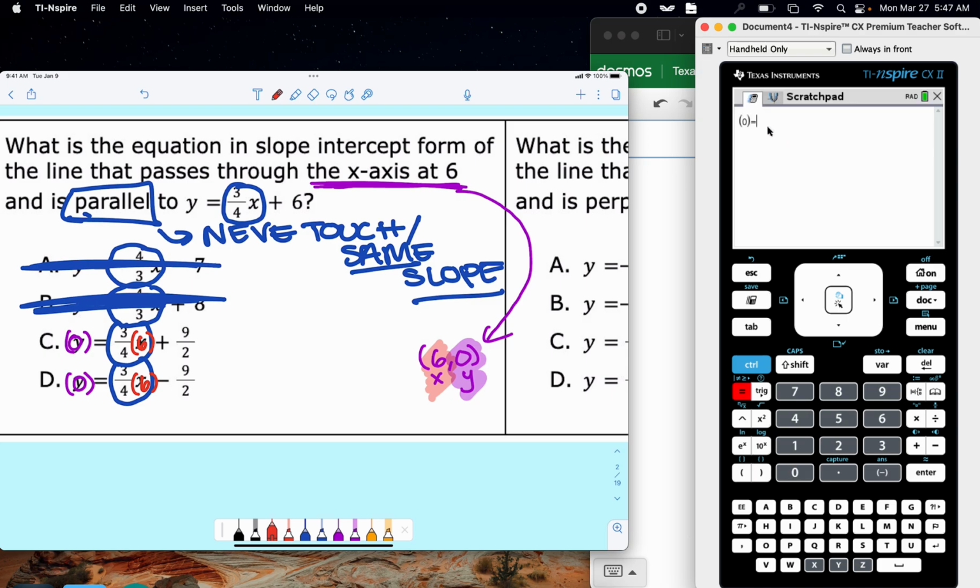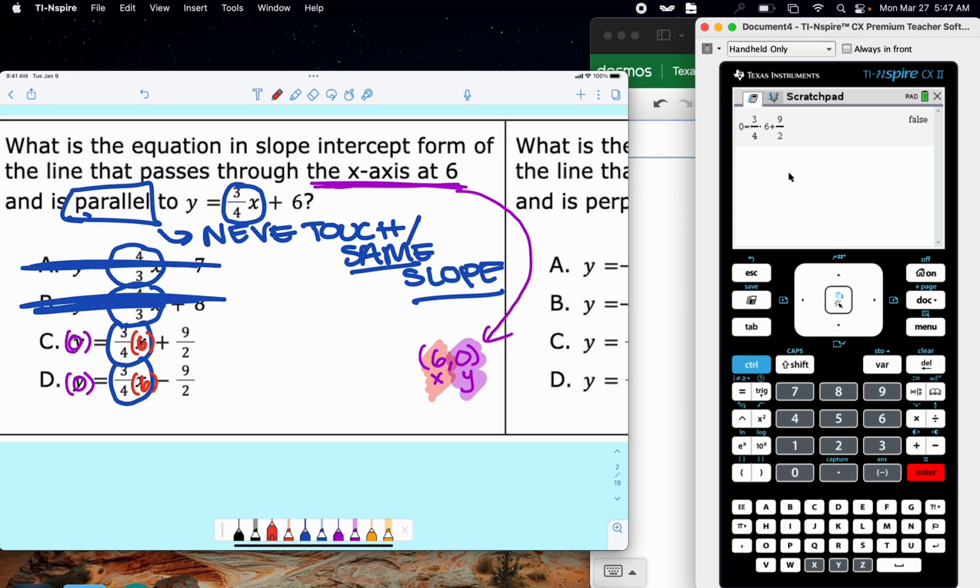Parentheses 0 equals 3 divided by 4, control divide, 3 divided by 4, 6, in parentheses plus, control divide, 9 divided by 2, and that gives you false.